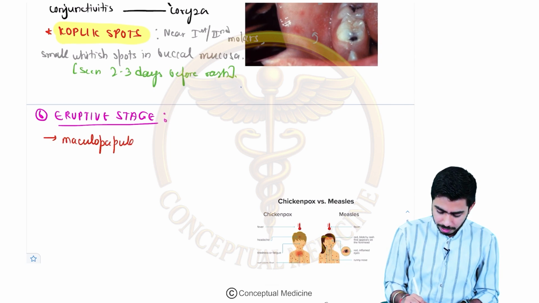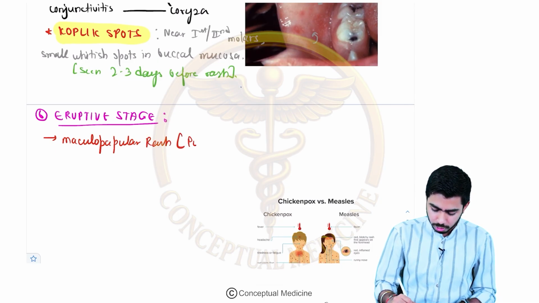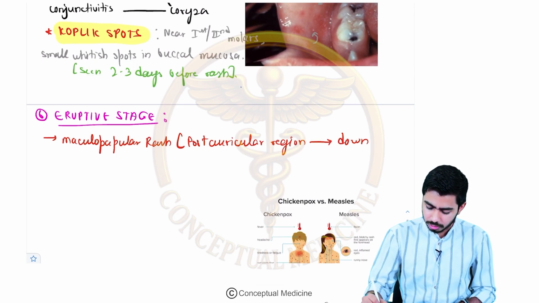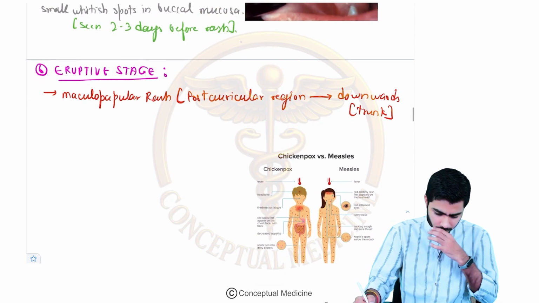It begins from the post auricular region, then extends downwards, mainly going through the trunk, and then the whole body.